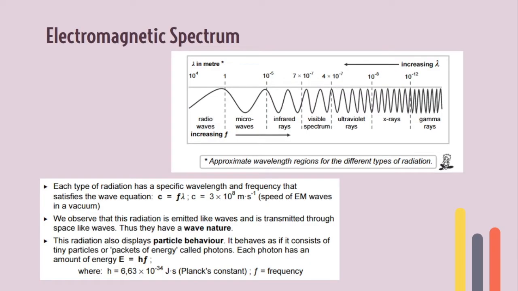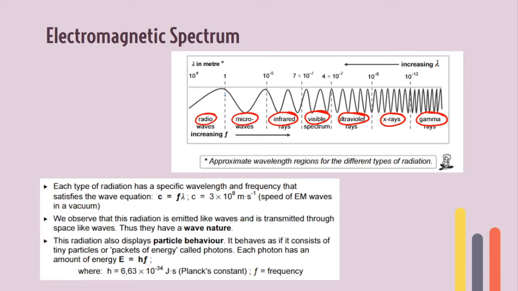In grade 10 you would have worked through, or your teacher would have explained to you, what the electromagnetic spectrum is. And you would have found out that the electromagnetic spectrum is made up of radio waves, microwaves, infrared, visible light, ultraviolet, X-rays, and gamma rays.